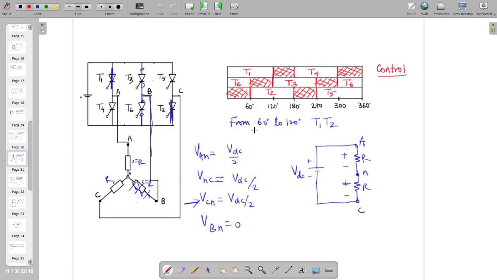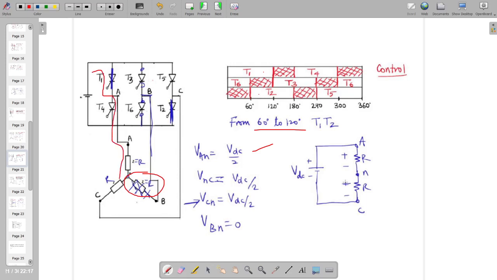In the second period, 60 to 120 degrees, only T1 and T2 are conducting. So those equations are like this. This leg is negligible.